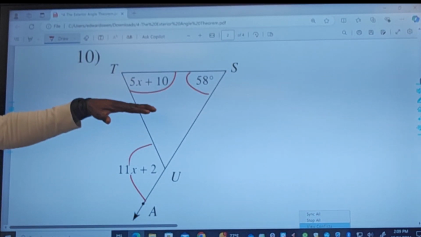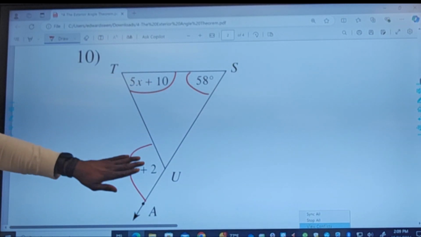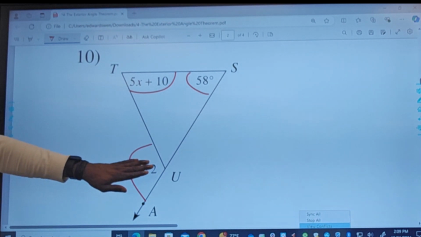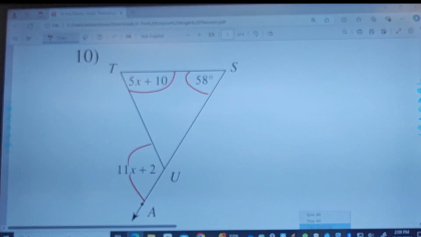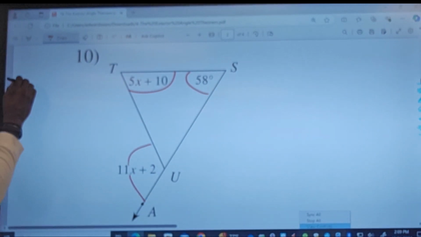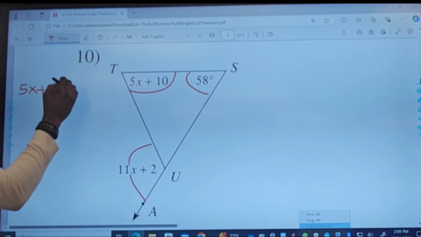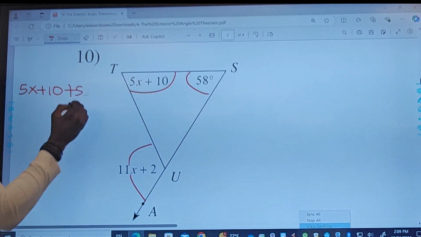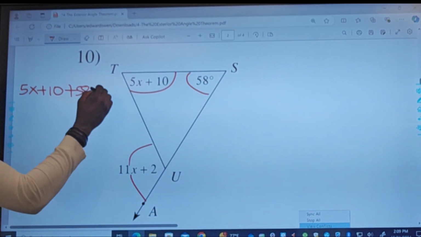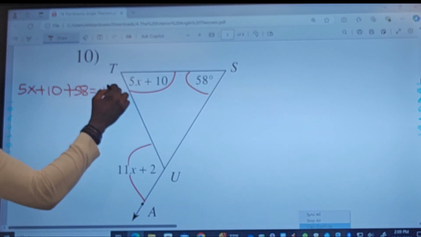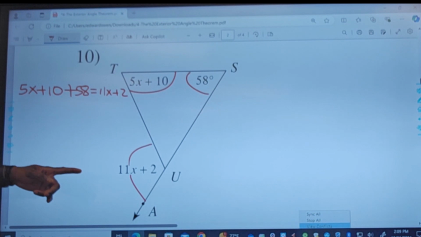As you can see, they are inside, but they are further away from the exterior angle. So the theorem suggests that if I take 5x plus 10, and add that to 58, it is going to equal 11x plus 2.